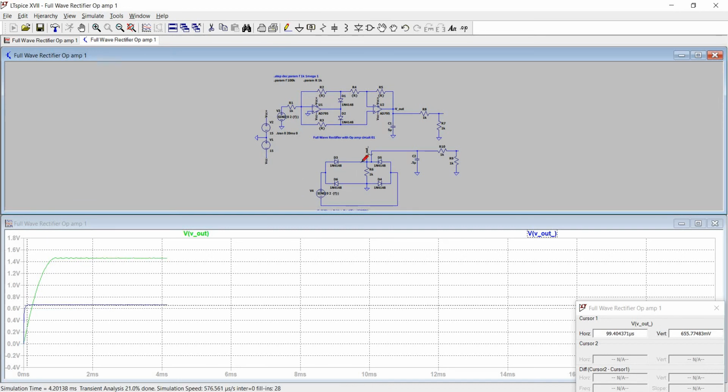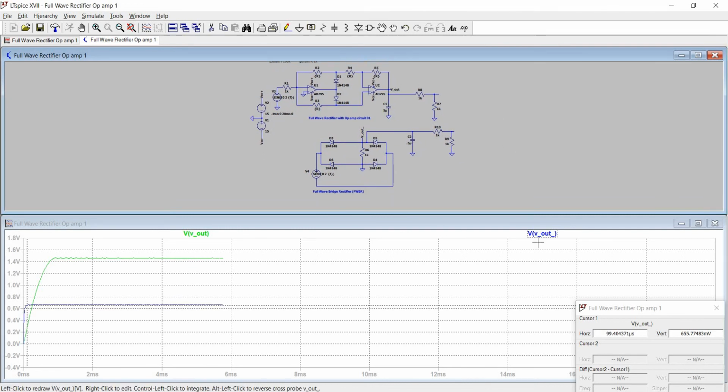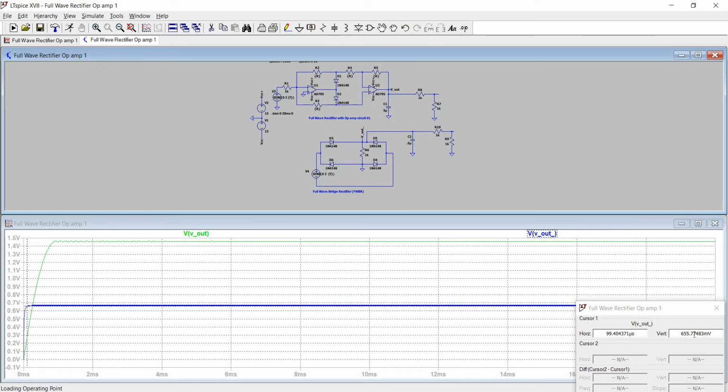For the full wave bridge rectifier, it has decreased by 45 millivolt. The result is now about 655 millivolt, but it was previously 700 millivolt.